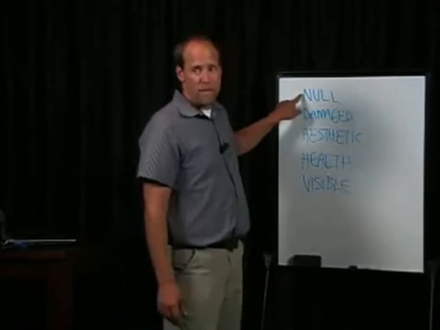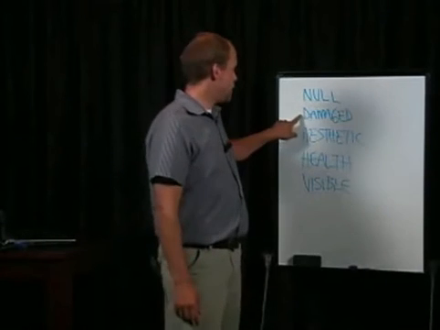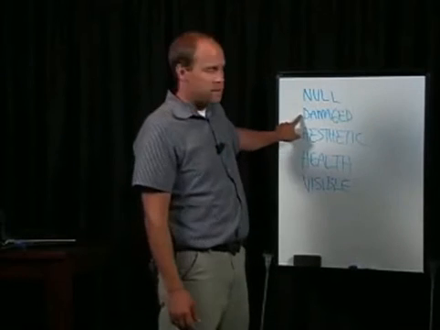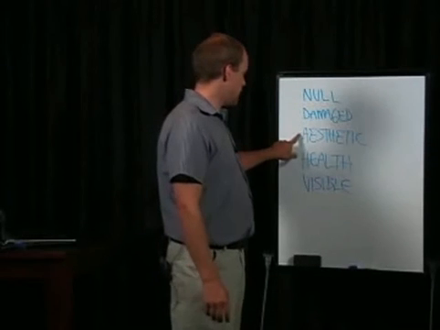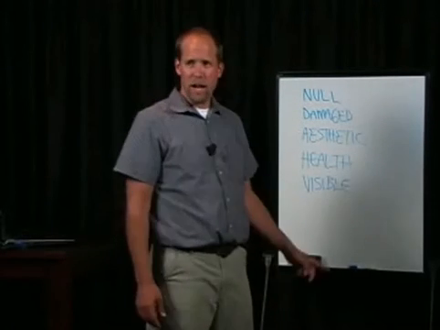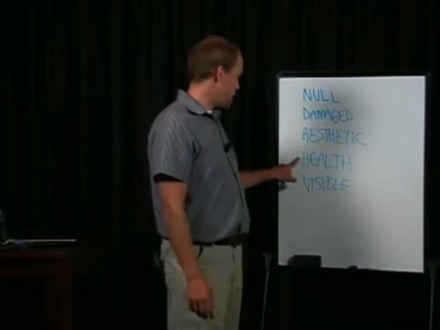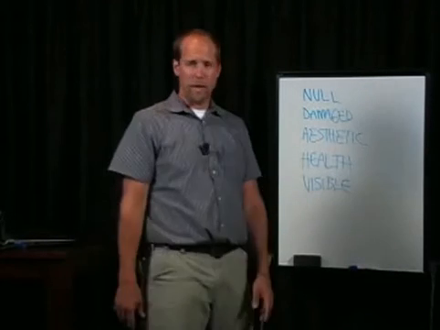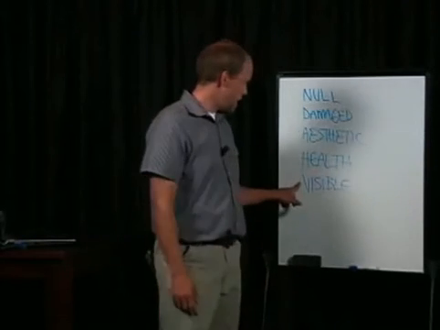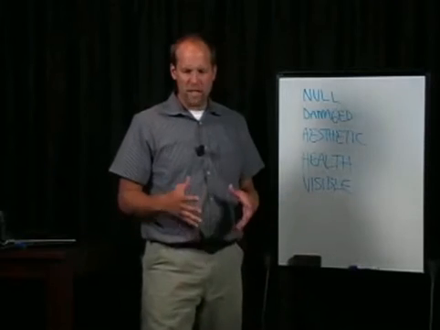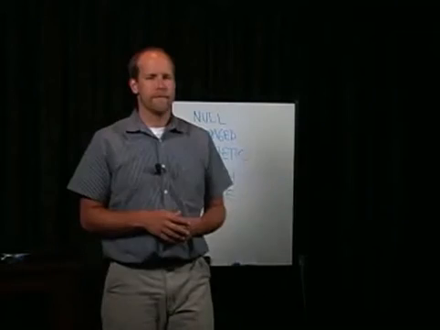There's the null hypothesis. There's the damaged building hypothesis. There's the aesthetic effects hypothesis. There's the health effects hypothesis. And there is the that which is visible is mold hypothesis.